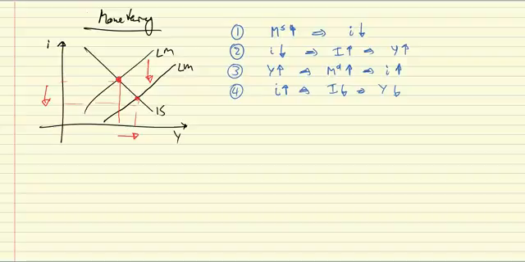As before, this process will net lead to an increase in output as long as the IS curve is not vertical. So as long as the IS curve is negatively sloped, the net effect is positive. So we have a net effect of monetary policy on output.